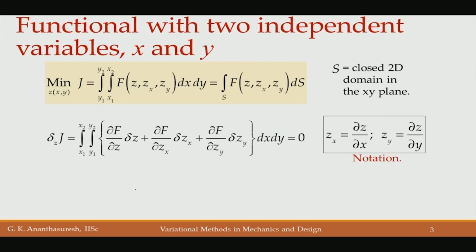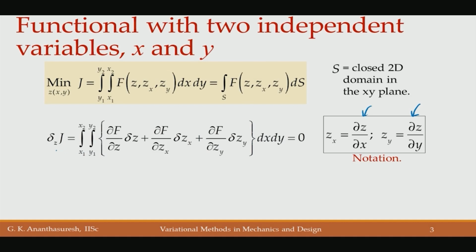Just to recall, when we have the functional that depends on zx and zy, the notation is given here, z sub x, z sub y. We take the variation, I am just reminding you so that you can see how we do it when there are higher derivatives zxx, zyy, zxy.